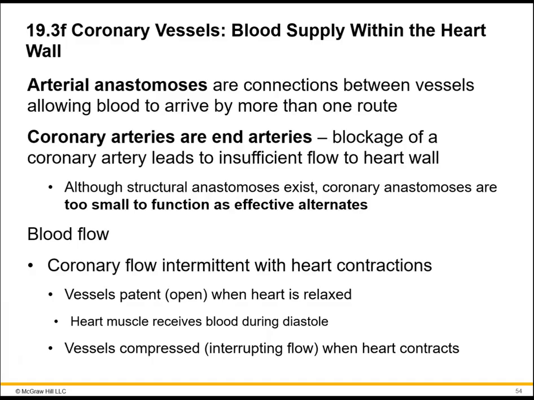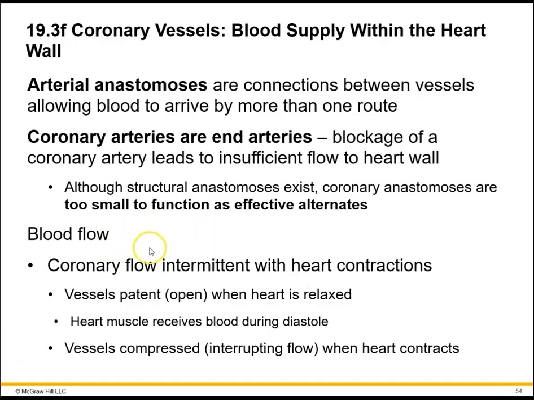So the coronary circulation does have some anastomoses, but they're far too small to be a proper alternate route for blood to take. So if you block a coronary artery, you're blocking essentially all the blood flow to the region of the heart that that coronary artery supplies.